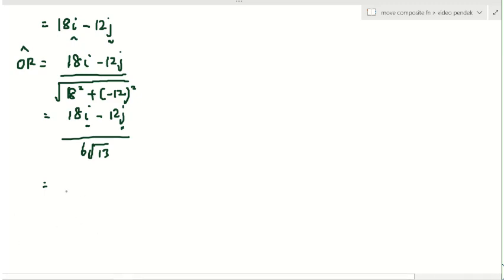It is equal to 3/√13 I minus 2/√13 J. Here is the unit vector of OR. So finish. One question consists of 10 marks.